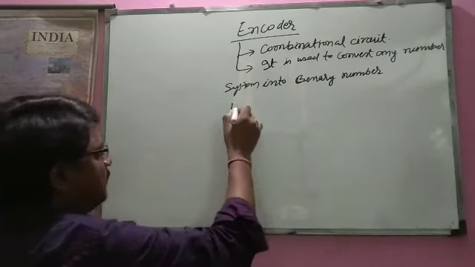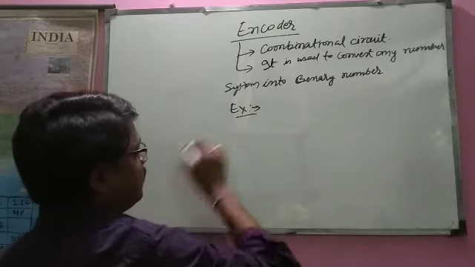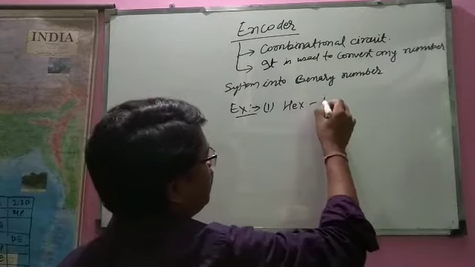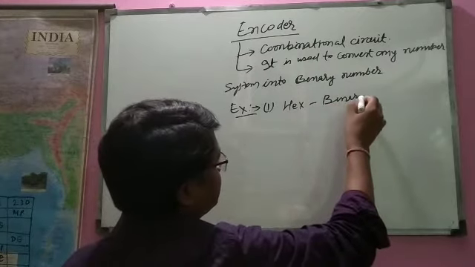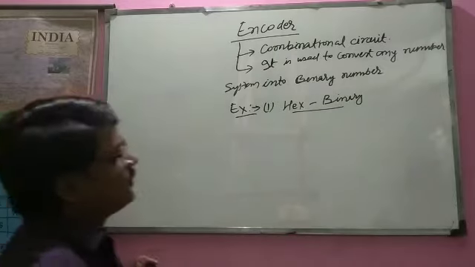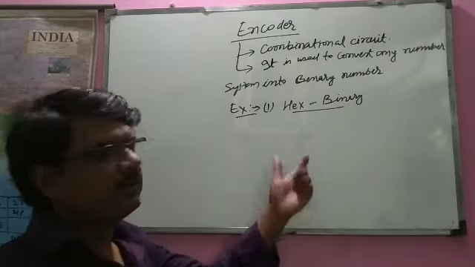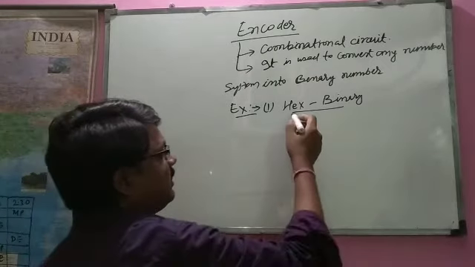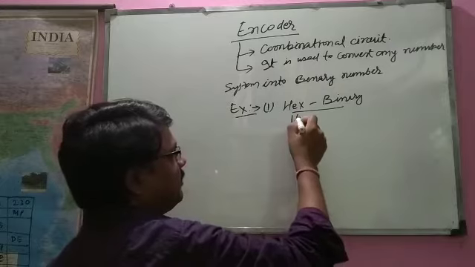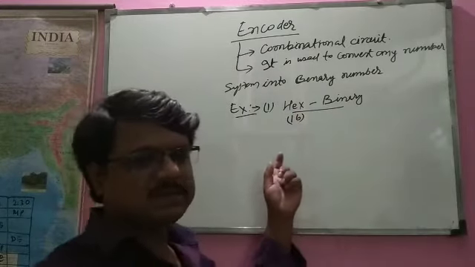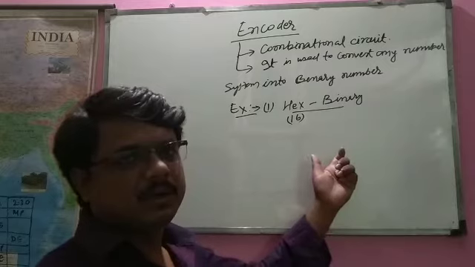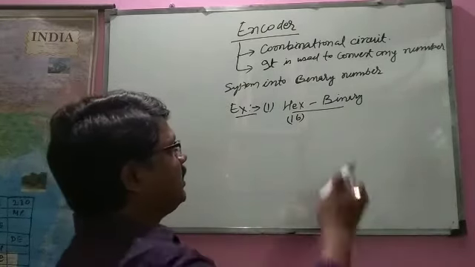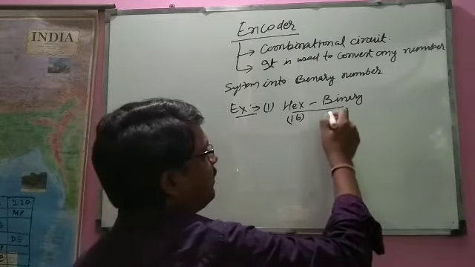As for example, hexadecimal to binary, it is also an encoder. So what happens? There are 16 hex numbers, and each hex number can be represented with 4 binary bits.